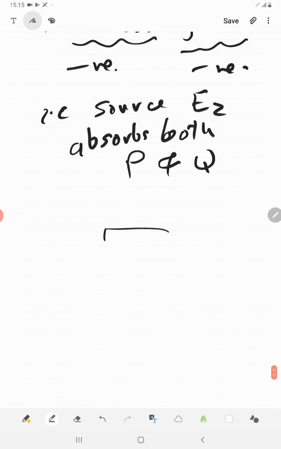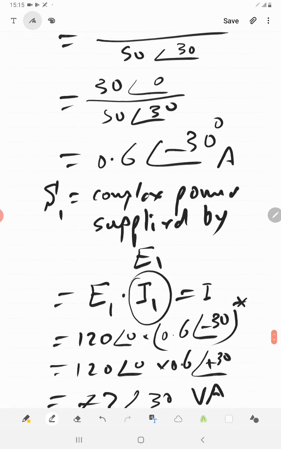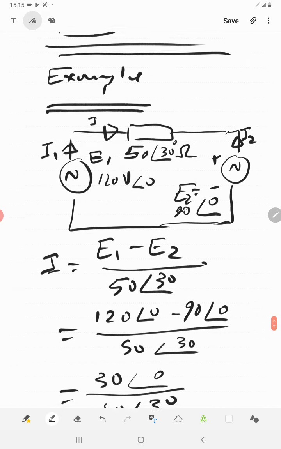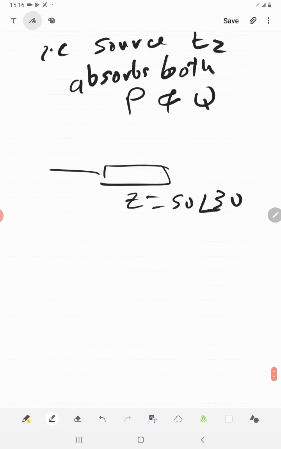Let's take this is Z2. Z equal what? 50 angle 30, right? Let's go back to it. Is it 50 or 40? 50 angle 30. Now this is 50 angle 30, and here we have I, and we have a voltage here. Let's say this is A and this is B, plus, minus, and this is VAB.